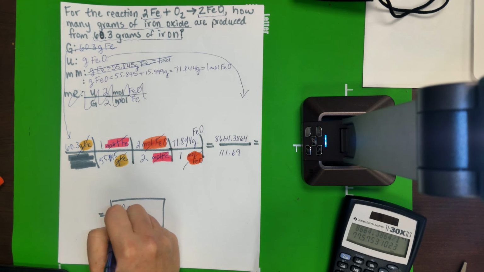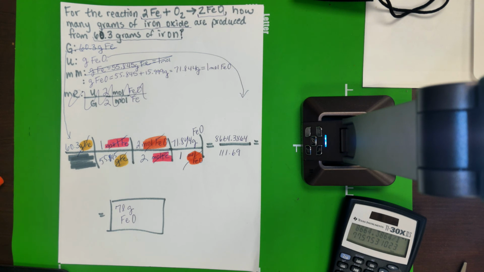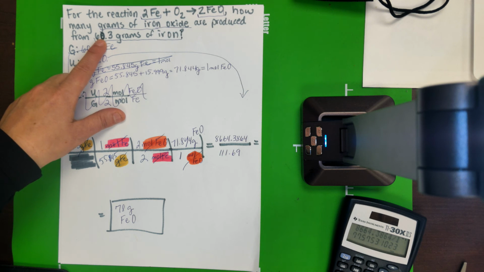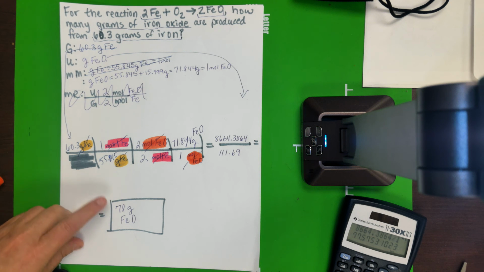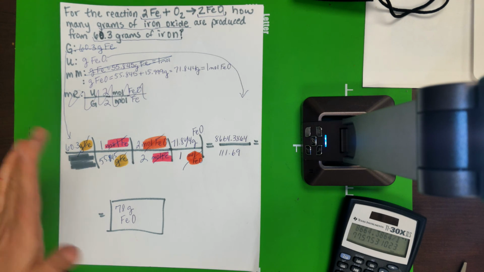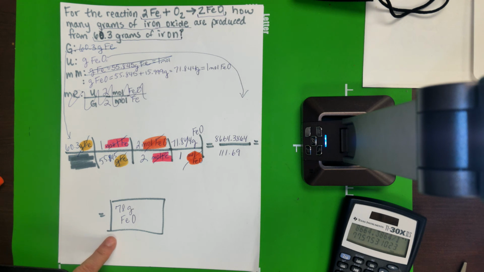Grams of iron oxide. Okay, now yours is going to be different, of course, because I changed the number slightly. I changed the number very slightly. So just make sure you have the calculations. But everything else is the same. You just have to do your own calculations.